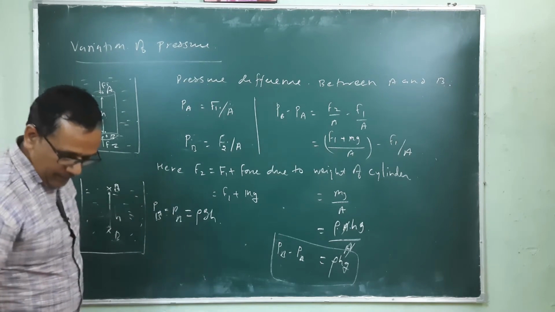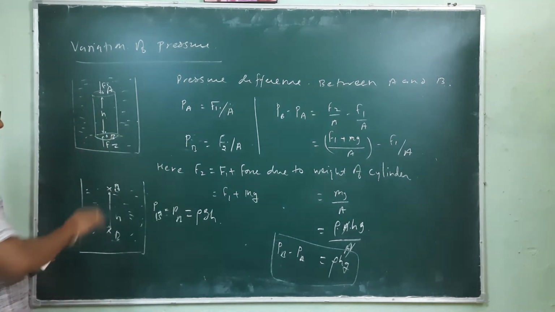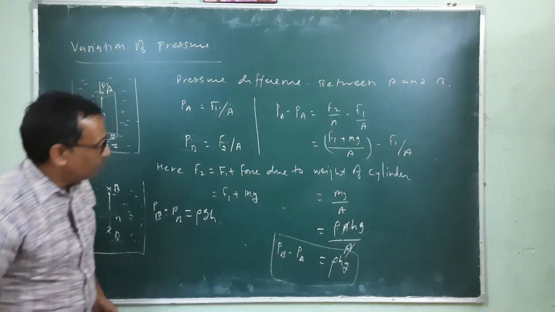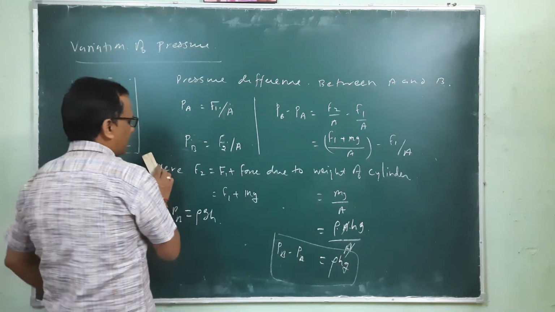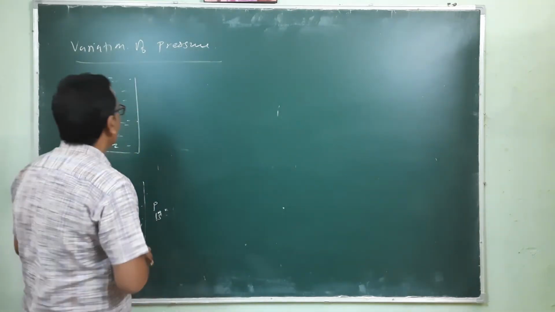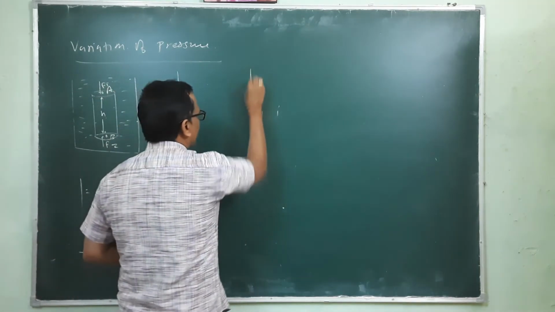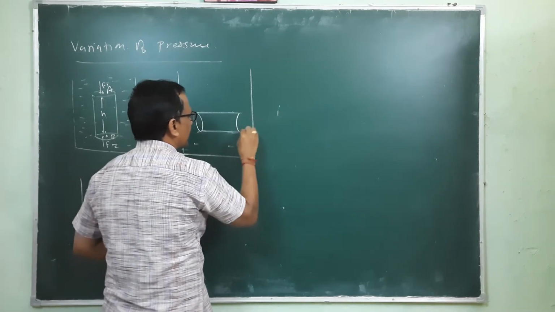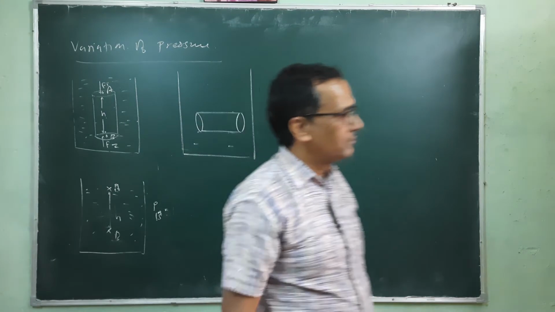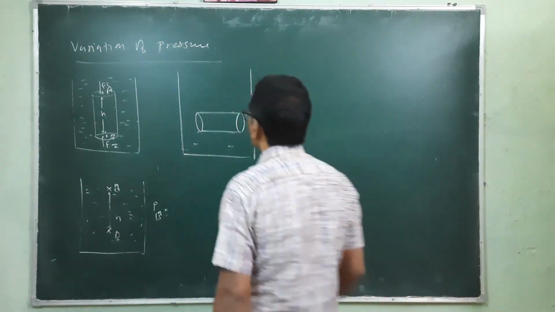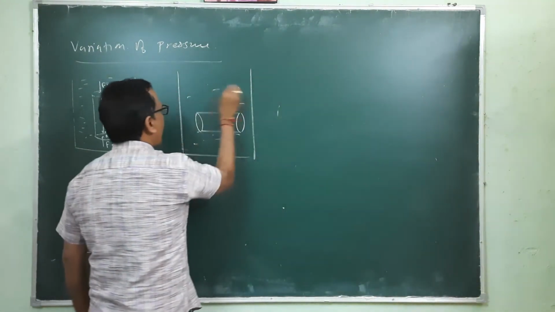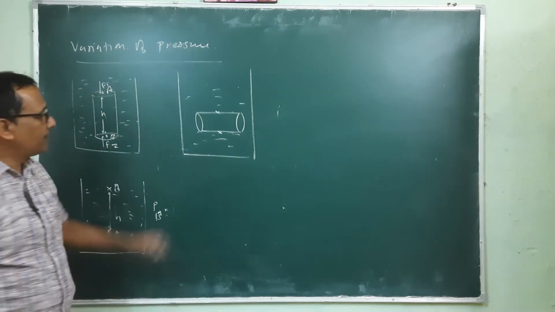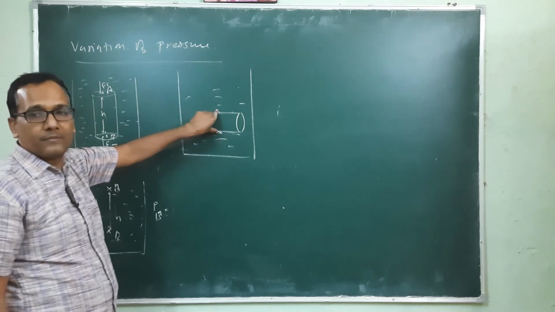If this cylinder is in the horizontal direction, is it okay? So if this cylinder is in the horizontal direction, this is the container, the cylindrical bar is like this, and obviously the pressure difference of these two points depends on the diameter of this cylinder.